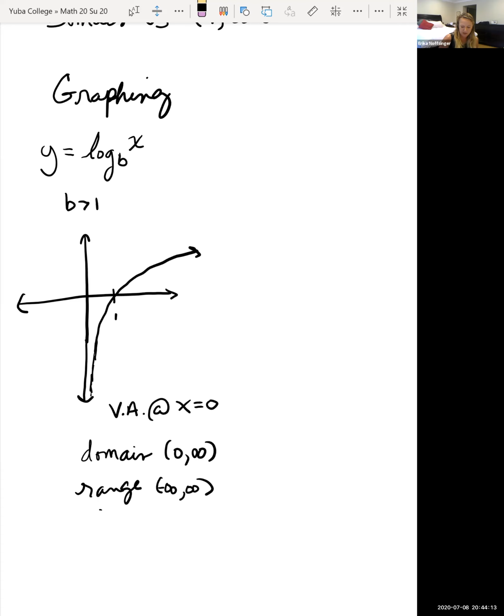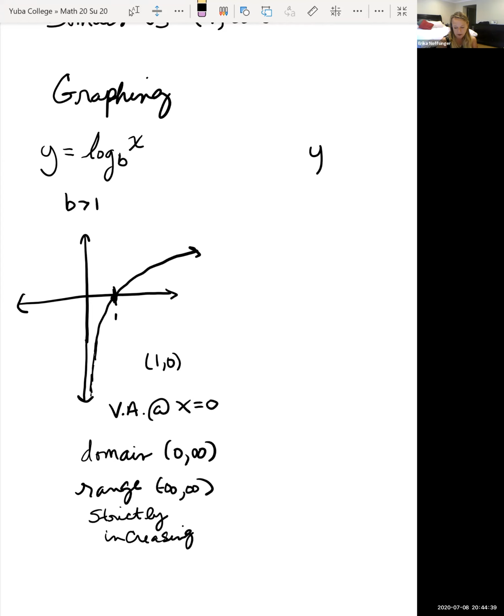This is strictly increasing. And notice that we have a point (1, 0). On our exponential, remember, we always had a point at (0, 1). So x and y flip for a function and its inverse. That makes sense too.